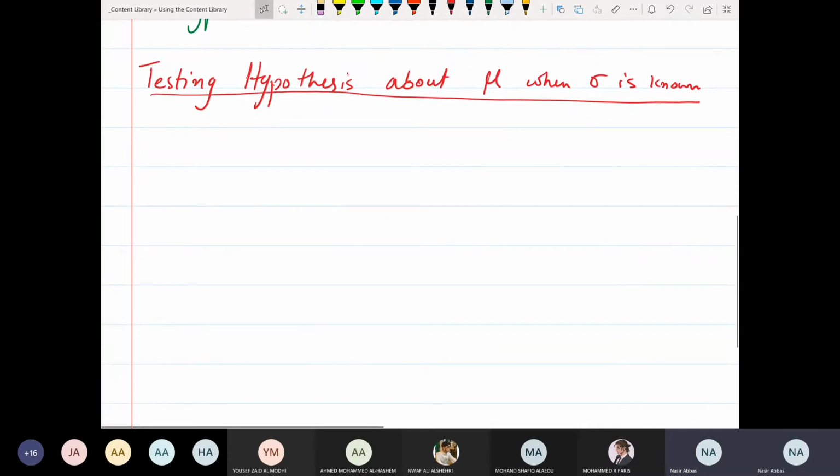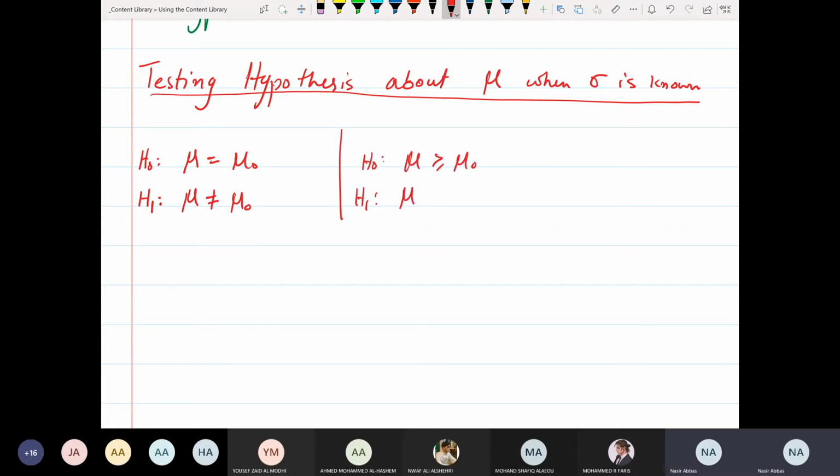So in question, we can give you three different sets of hypotheses to test. We can give you a hypothesis to test that mu is equal to something against the opposite. We can give you the question to test mu greater than or equal to something against the opposite.